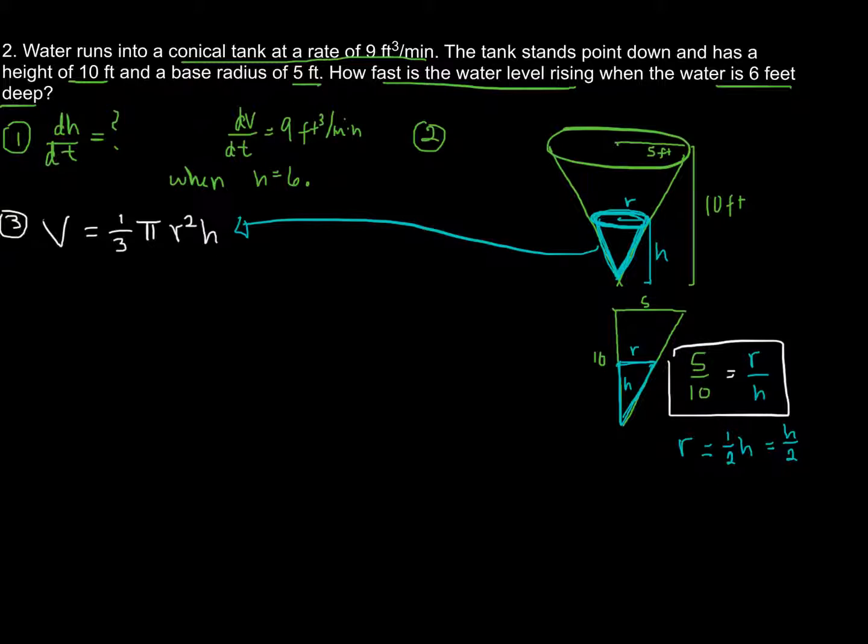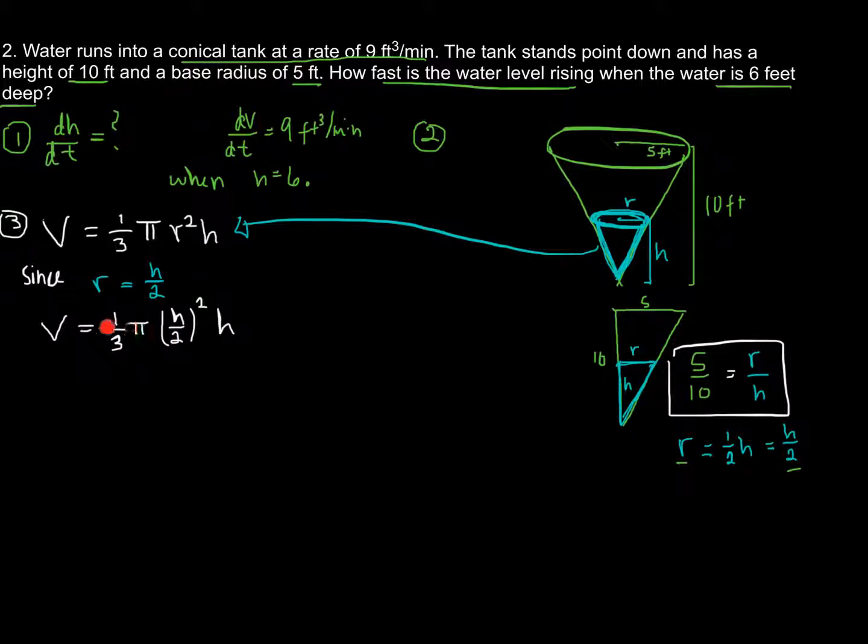So with this key piece of information, that r is equal to h/2, I can rewrite my volume equation so that it is volume in terms of height. So I've substituted in h/2 for r, and now I can do a bunch of simplifying. (h/2) squared is going to be h²/4, so I'm going to have 1/3 times 1/4, which is going to be 1/12.